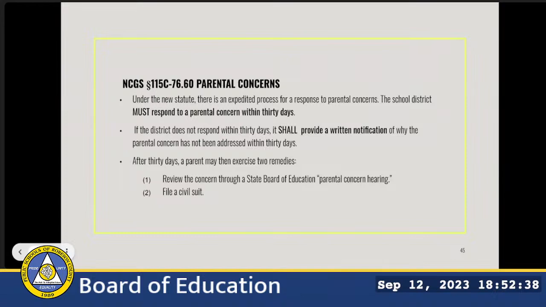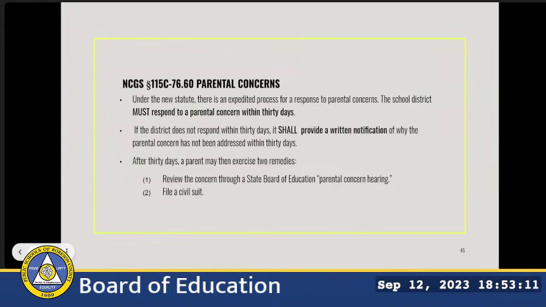All right, we move on to 7660, parental concerns. Under this new law, there's an expedited process to respond to parent concerns, and the school district has 30 days within which to respond. This section was the subject of a lot of consternation on the part of the State Board of Education. The chairman and vice chairman wrote a letter to the General Assembly saying, please change this because we don't have any jurisdiction here and this is a mess.